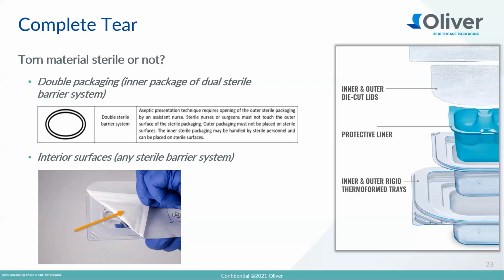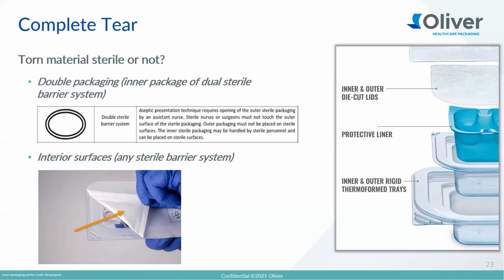So the encapsulation we talked about with the original contents would be affected by the outside only, not the inside. When you open the outside package, encapsulation at that point would be an issue, because that would affect the ability to present the materials in an aseptic manner.